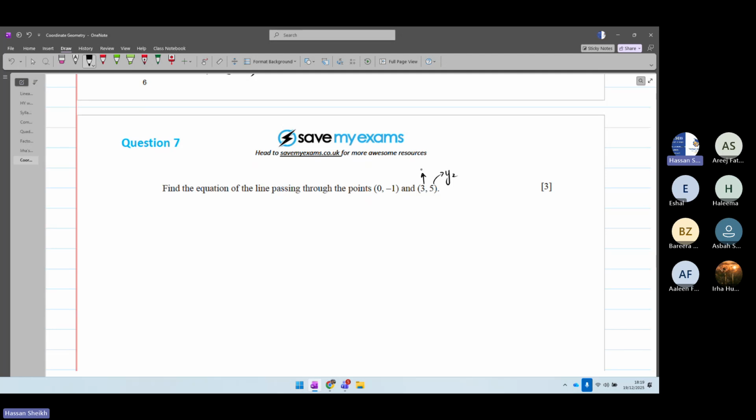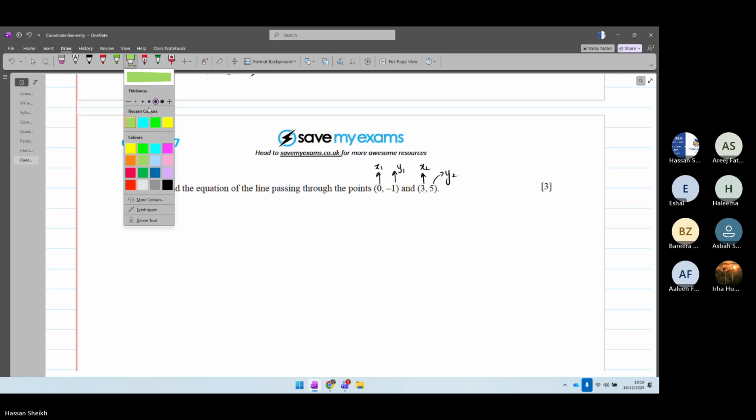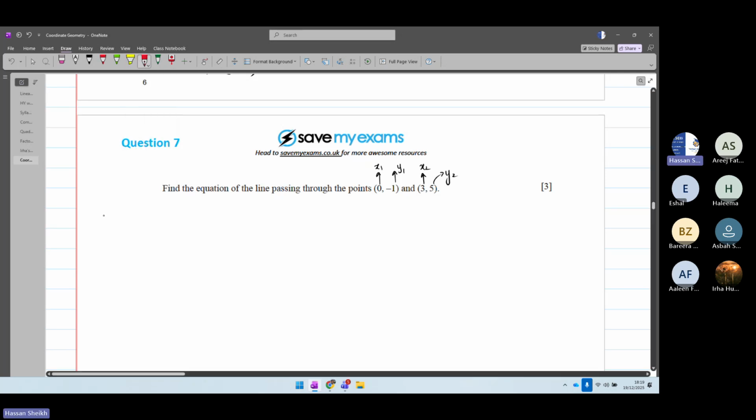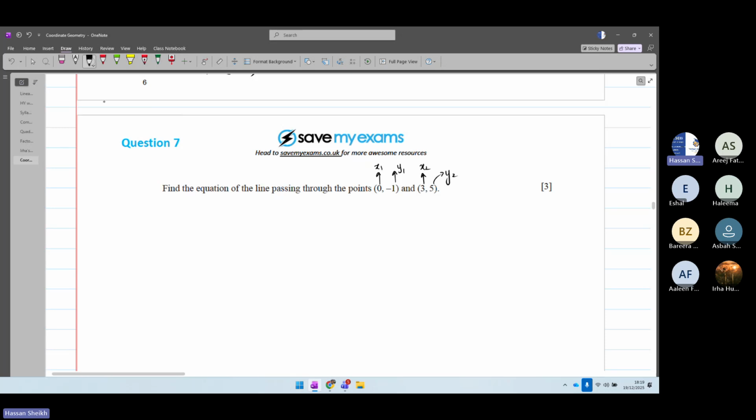So we have this one as y2, this one as x2, this one as y1, and this one as x1. First of all, they want us to find the equation of the line, which is obviously y equals mx plus c. Now to find m, I have y2 minus y1 over x2 minus x1.